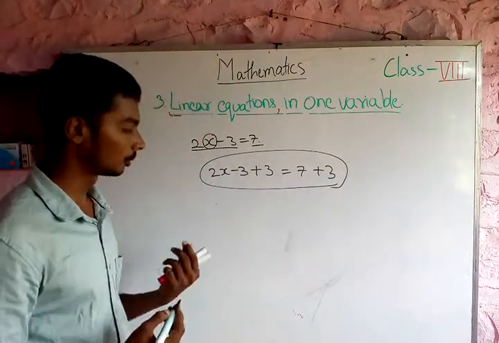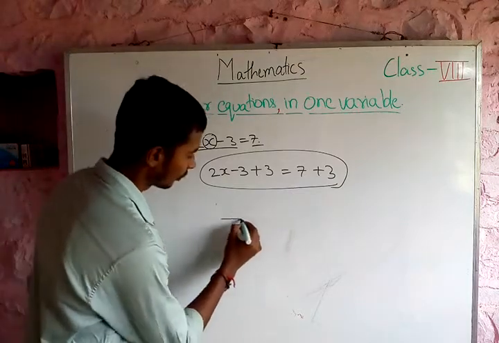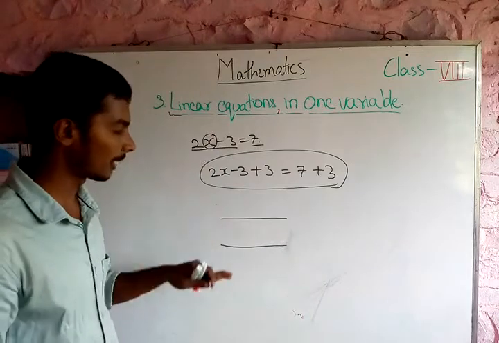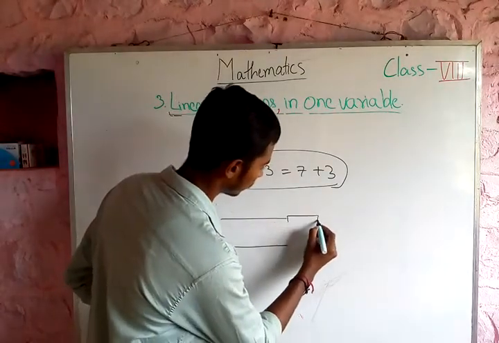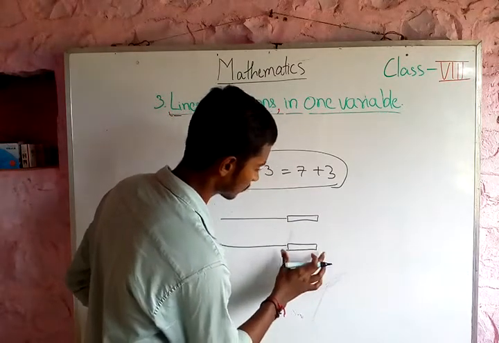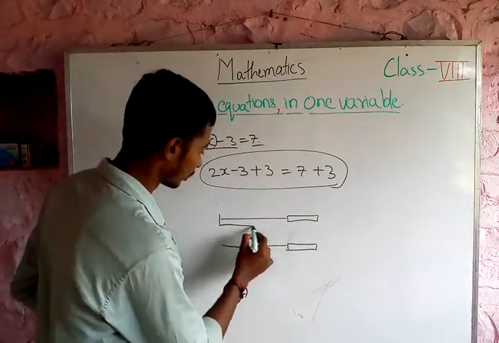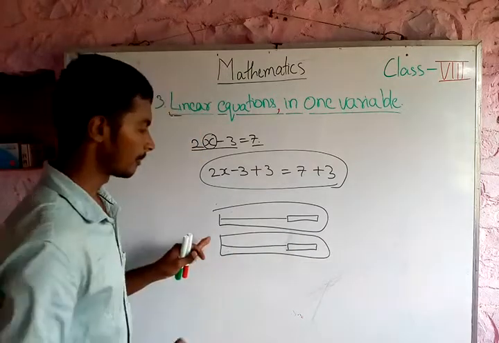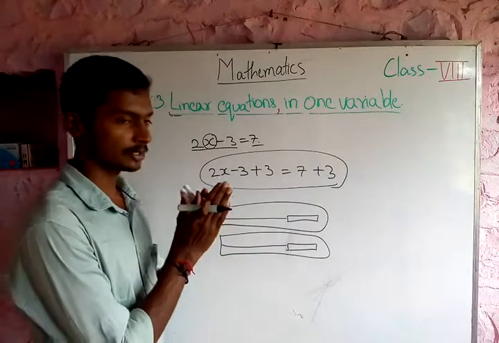Because you might have this basic knowledge that if there are two equal things and you are adding some equal amount to both of them, then again the whole thing will be equal.